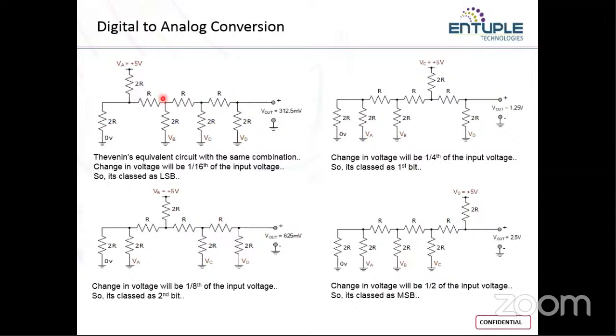If any one of the inputs is connected to the input voltage, then if it is the first one, the equivalent output voltage is going to be 1/16 of the input, and if it is the second one, then it is going to be 1/8 of the input voltage. For the third one, it is going to be 1/4 of the input voltage, and for the last one, it is going to be half the value of the input voltage.